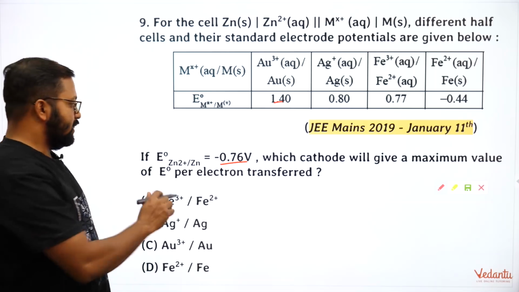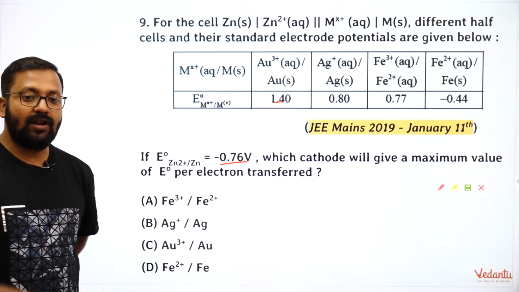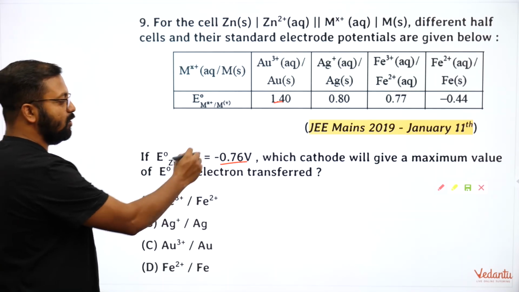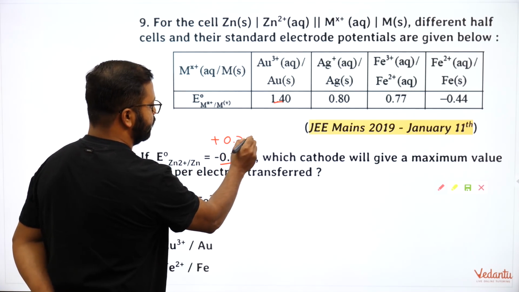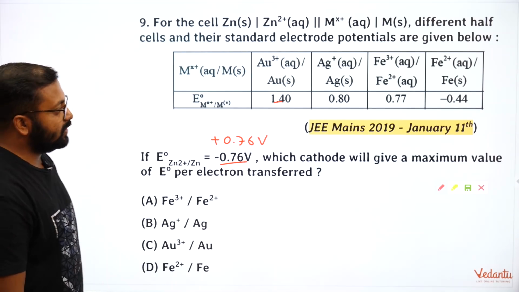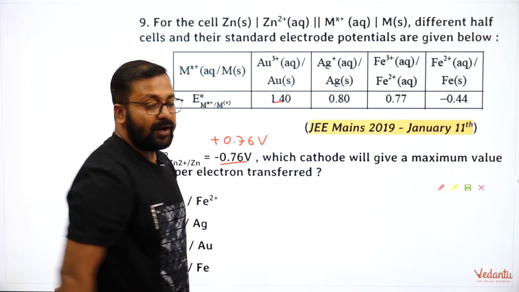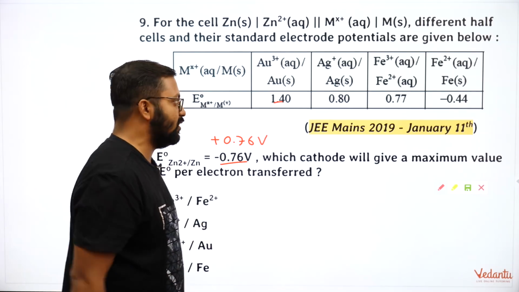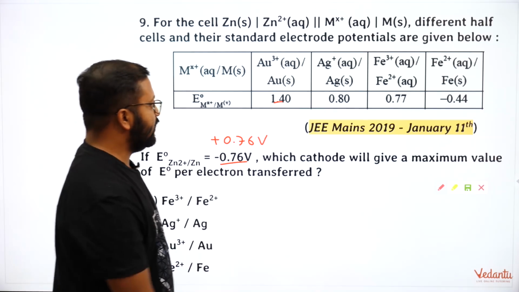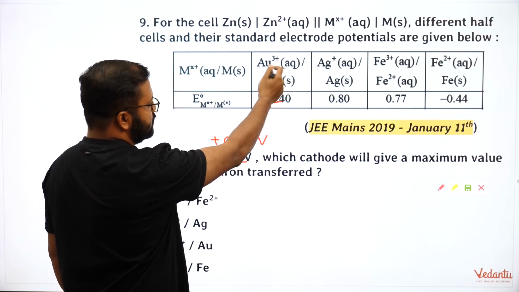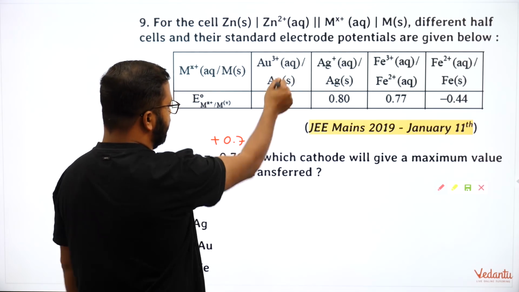ठीक है? Now zinc turns out to be the oxidation half cell. So zinc के लिए reduction का value दिया गया है, तो इसको oxidation value क्या लिखेंगे हम? Plus 0.76. Okay. Now if I try to couple it with these electrodes, then I should have the maximum positive value. So with which should I be coupling it? Au3 plus. Au3 plus changing into Au is given. This is the reduction part.